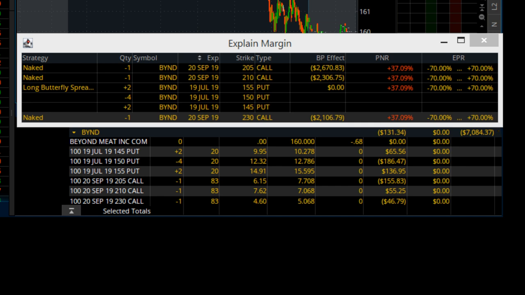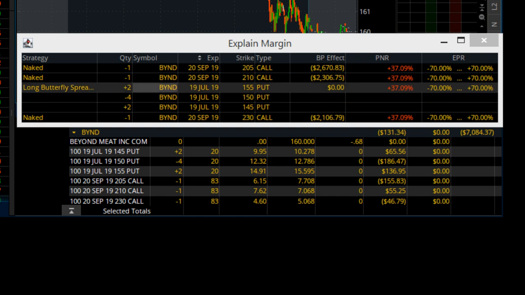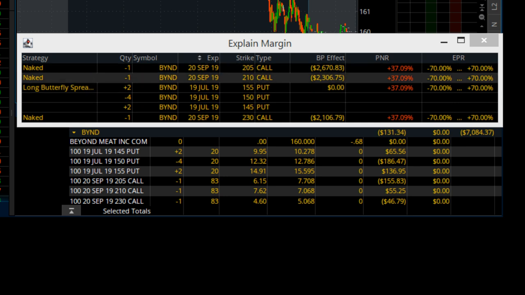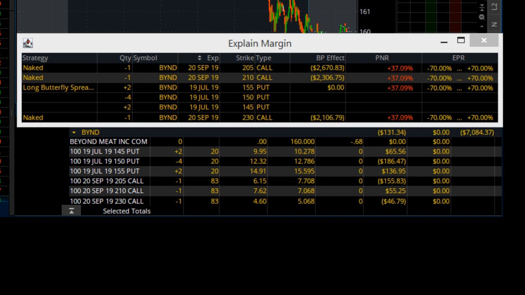Now, this does not mean that you need this much money in your account to sell one of these calls, because remember, the price that you're selling the call for is going to be subtracted from this amount. So if you sell one of these calls for $10, then you only need $1,300 in buying power to cover that call.